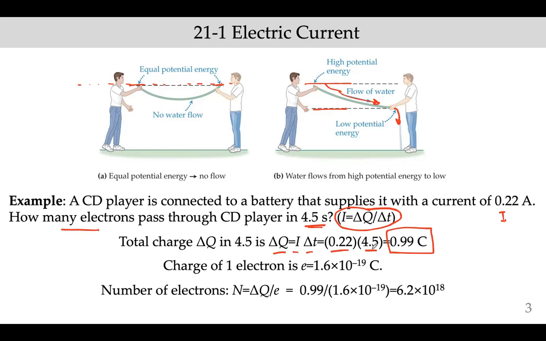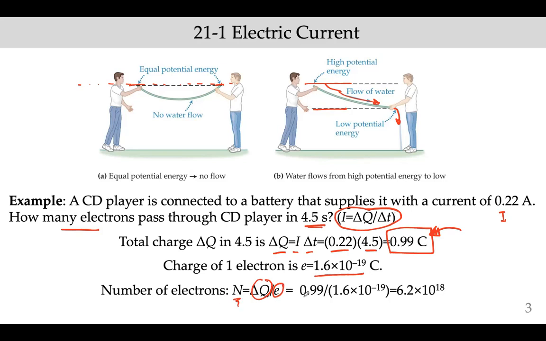Now the next part of the question is determining how many electrons would make up this much charge. The charge of one electron is 1.6 times 10 to the negative 19 coulomb. So if you divide the total charge by one electron's charge, it will give you the number of electrons.